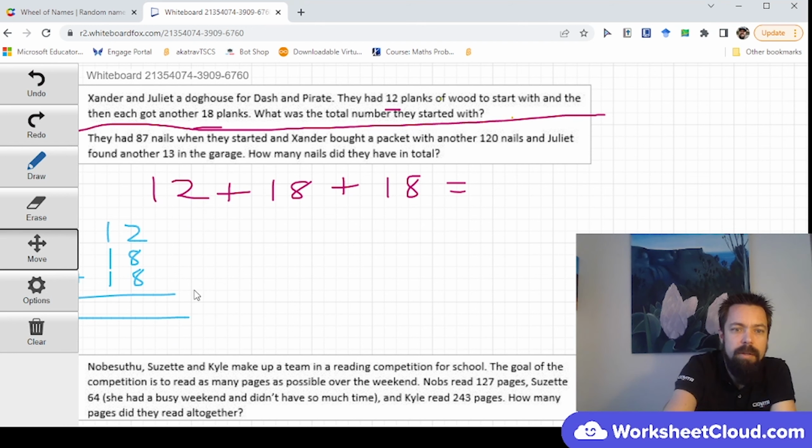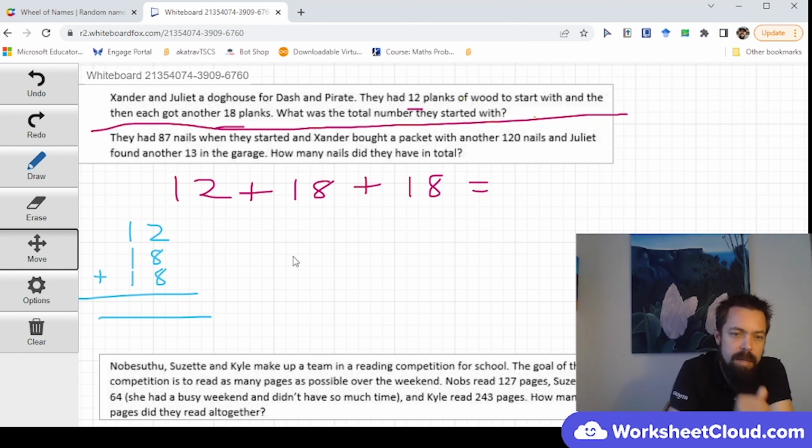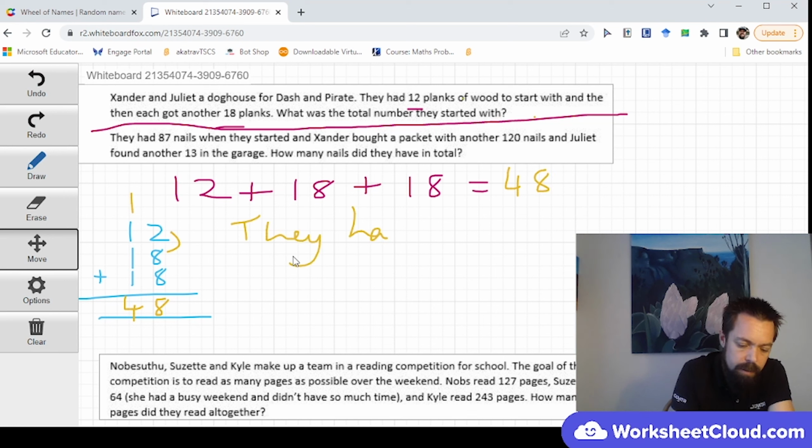You can't do it with minus or divide or times, but with plus you can. So I'm first going to say 2 plus 8 is 10. 10 plus 8 is 18, and I carry the 1. 4 ones is 48, so my answer is 48. They had 48 planks.